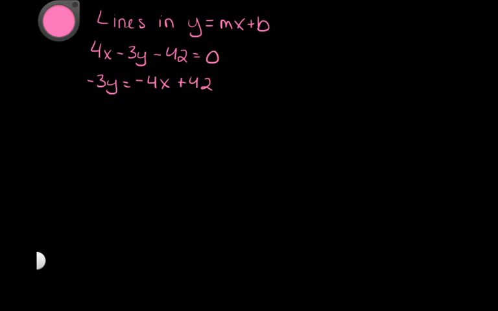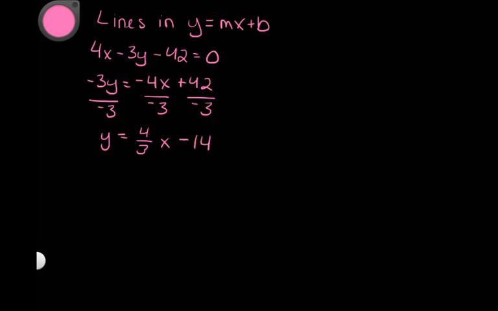Now to get the y by itself, I have to divide everything by negative 3. So I end up with y equals, now this 4 over 3, these two negatives will cancel out, so we just end up with 4 over 3 x, and then 42 divided by negative 3 would be negative 14.